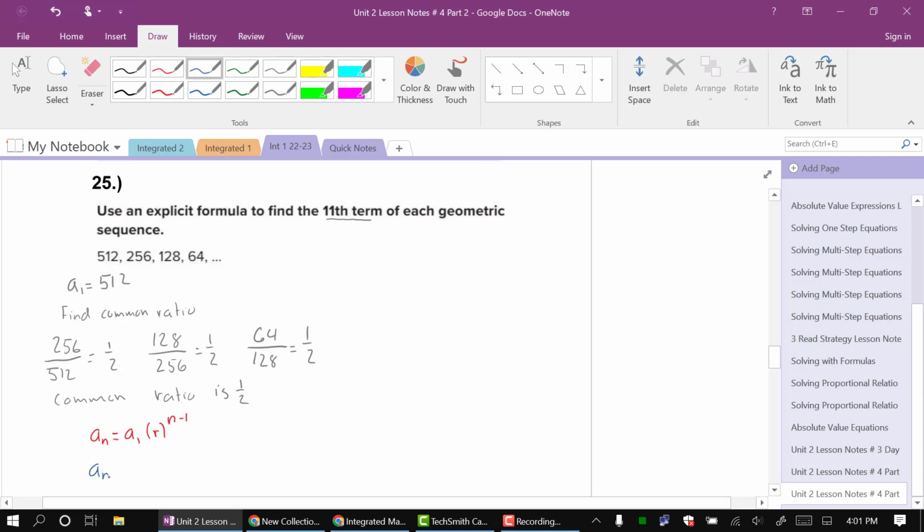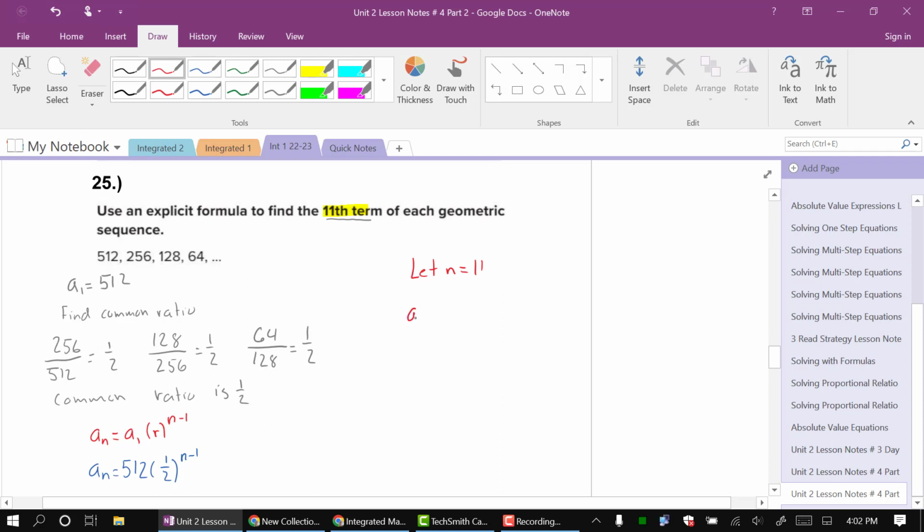So I can plug in what I have. It's going to give me a_n equals 512 times my common ratio of 1/2 to the n minus 1. But we want to find the 11th term. So I'm going to let n equal 11.